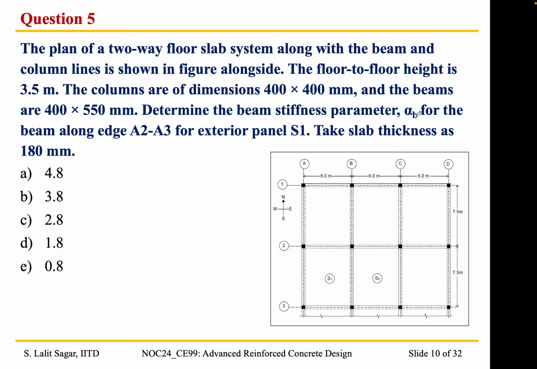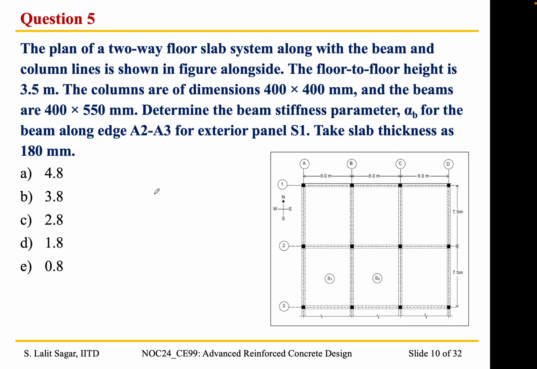Okay, so what we have here is a floor slab system, and it is required for us to design the exterior slab panel, that is S1, and this consists of 4 supporting beams. So we will start with this first beam, and then we need to determine the beam stiffness parameter alpha b. Okay, so I will give you a hint.